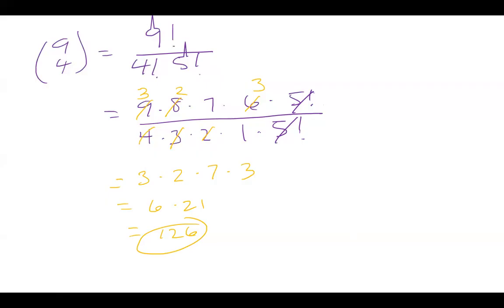Okay. What if you don't reduce it and you just multiply it out? Then that's your choice. If you choose not to reduce, it will still give you the same answer, but you would be multiplying 9 times 8 times 7 times 6 times 5 times 4 times 3 times 2 times 1. That would be your numerator. Then you would have to go to the denominator and do 4 times 3 times 2 times 1 times 5 times 4 times 3 times 2 times 1.